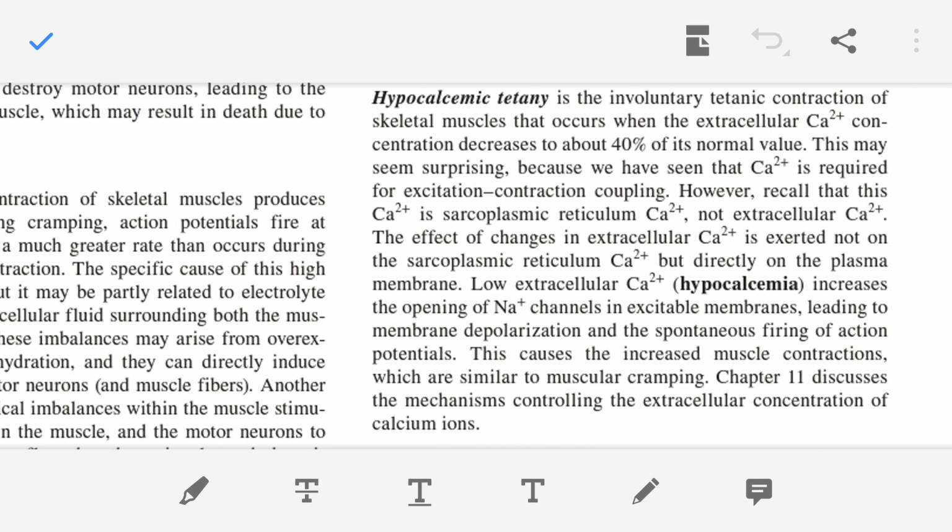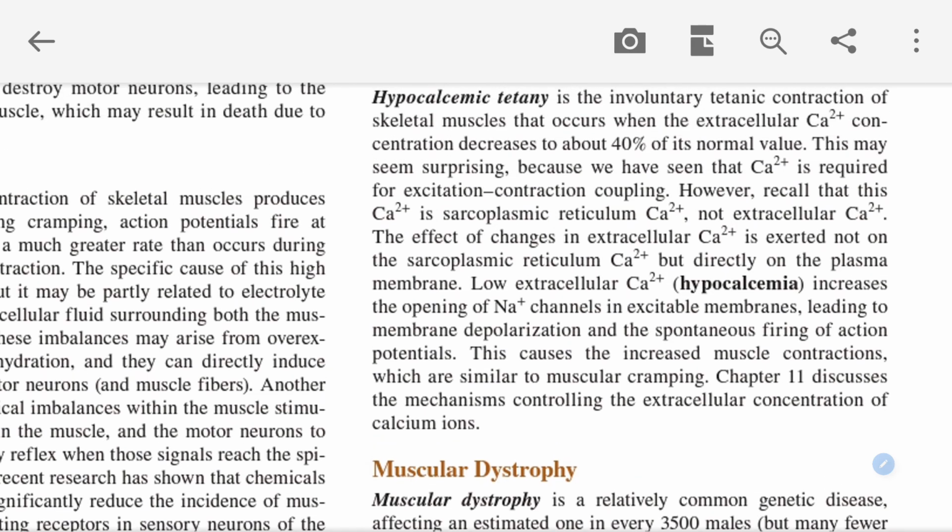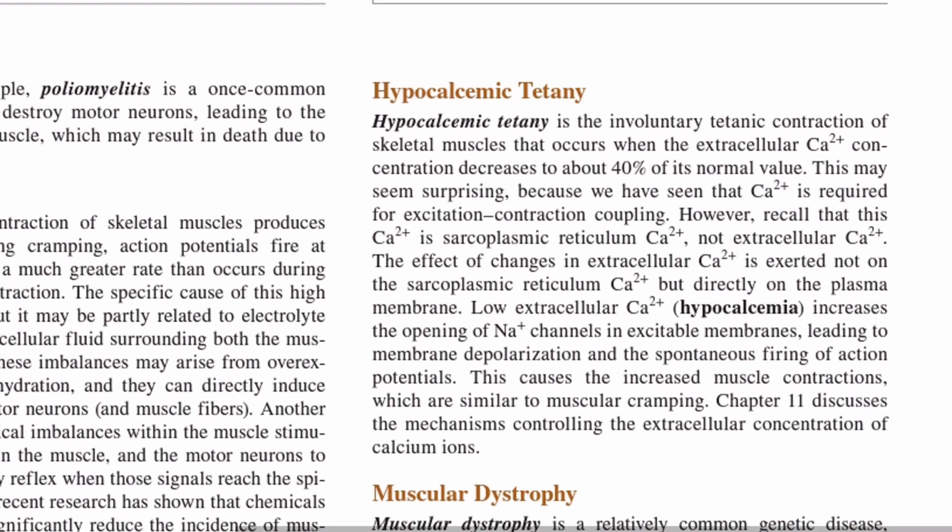Due to that, there is involuntary contraction of skeletal muscle. This is exactly what happens in tetany. With this, we have completed our discussion on tetany.